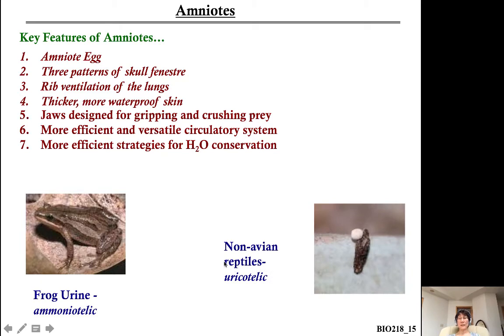Whereas if you go to the complete other extreme, what you have with non-avian reptiles, so with lizards and snakes, for instance, is what's called uricotelic metabolic waste. So the urine literally comes out in sort of a solid or maybe even a semi-solid state, and it's incredibly nitrogen rich. So it's almost acidic. So it's called uricotelic, so it has uric acid in it.